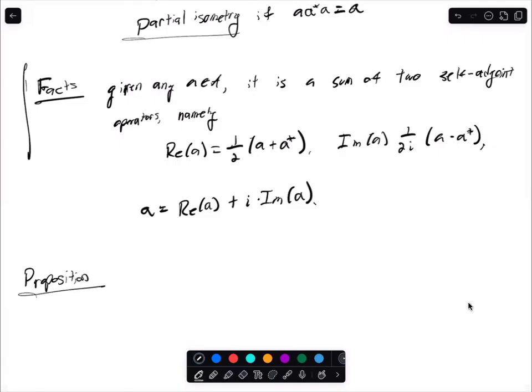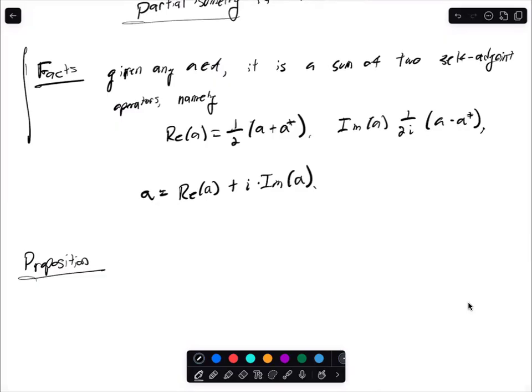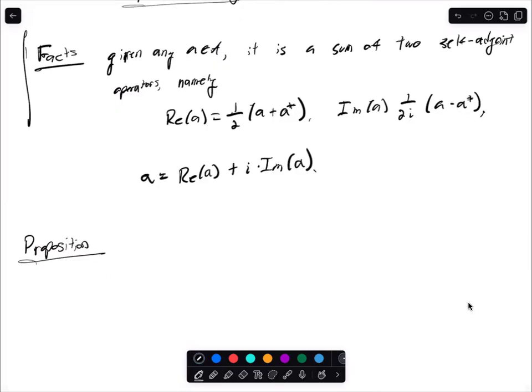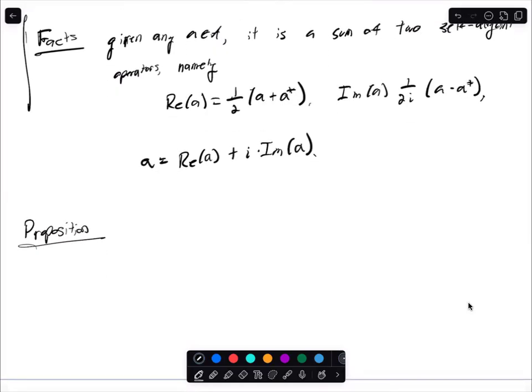Okay, so let's get a proposition in. Like I was just saying, studying self-adjoints happens to give us certain information about the actual algebraic structure.